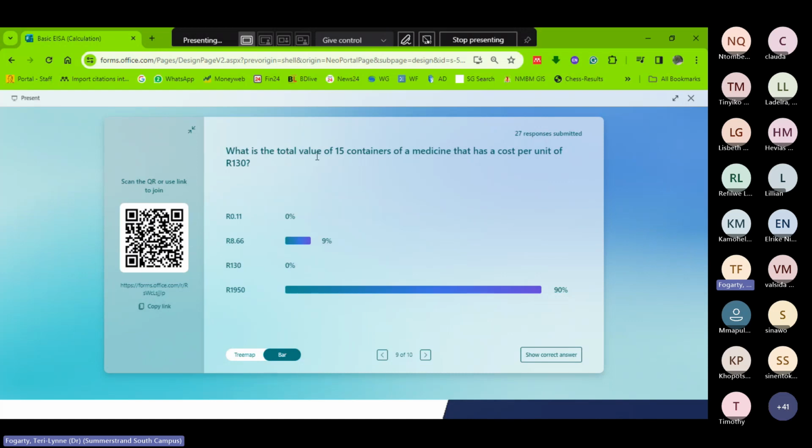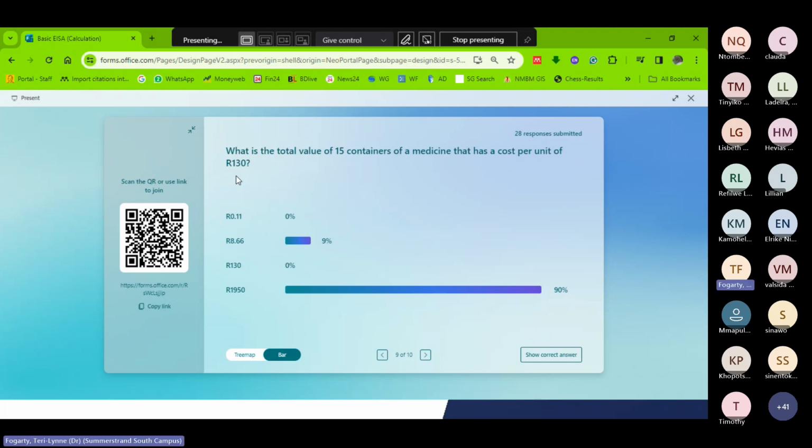Okay, what is the total value of 15 containers of a medicine that has a cost per unit of 130 Rand? Okay, some of you have multiplied and some of you have divided. So this is a type of question that maybe you're reading it as ambiguous, but you've got 15 containers and each container is 130 Rand.